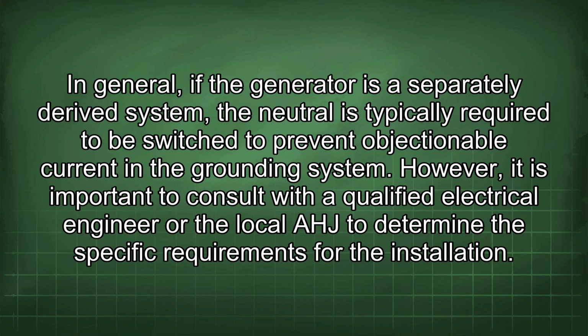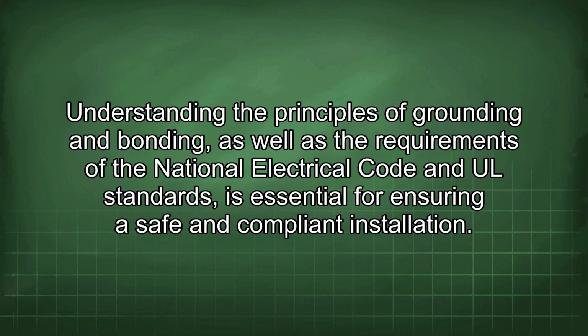However, it is important to consult with a qualified electrical engineer or the local AHJ to determine the specific requirements for the installation. Understanding the principles of grounding and bonding, as well as the requirements of the National Electrical Code and UL standards, is essential for ensuring a safe and compliant installation.